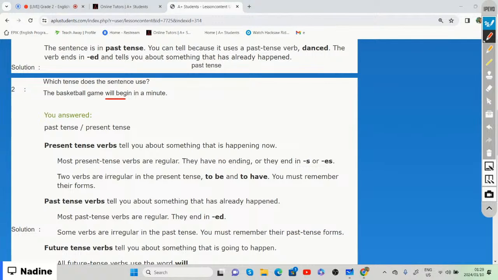Does it show that something happened already in the past tense? Or does it show that something is still going to happen, which is in the future tense? Present tense, past tense, or future tense?